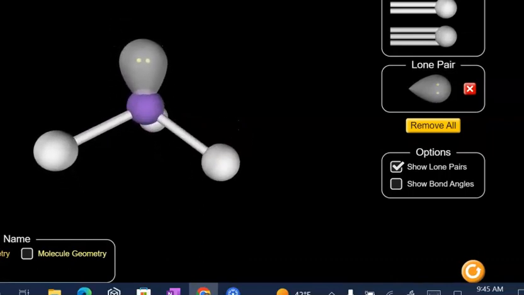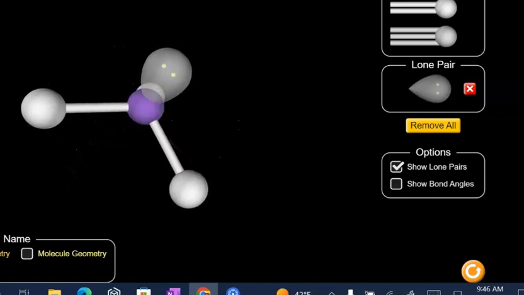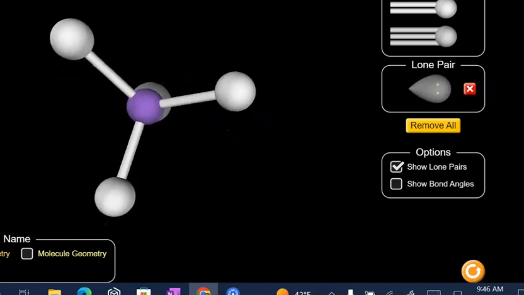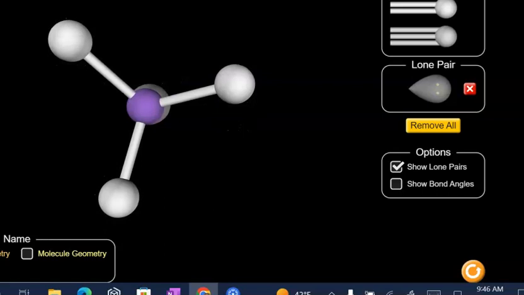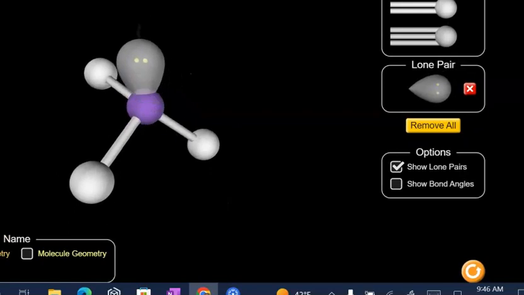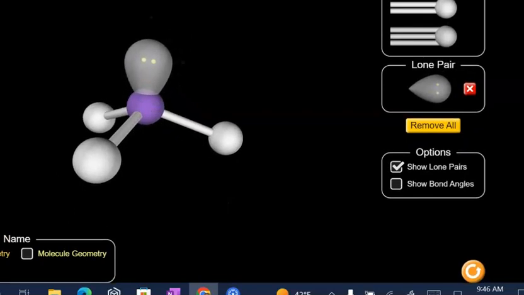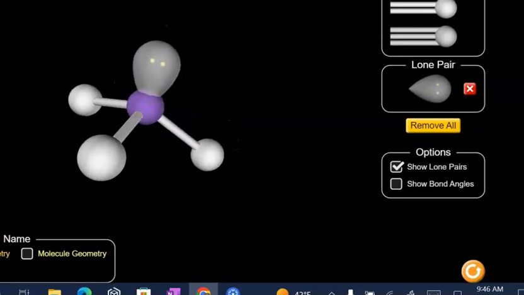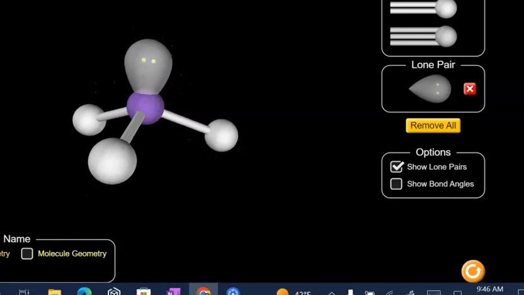So what happens, first of all, do you see that those bonds, I'm going to put it straight like this, they're about 120 degrees away from each other, okay, to get those bonds as far apart as possible. But instead of being straight out, you're going to notice that that lone pair kind of does the same thing it did with water. Do you notice that it repelled those bonds? So instead of being flat or linear, those bonds are pushed down at an angle. And that's all because of that lone pair taking up space.